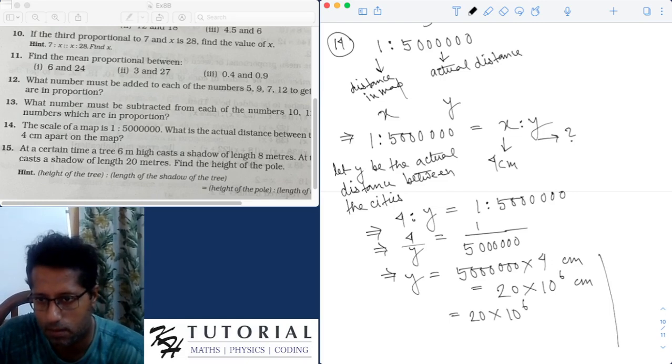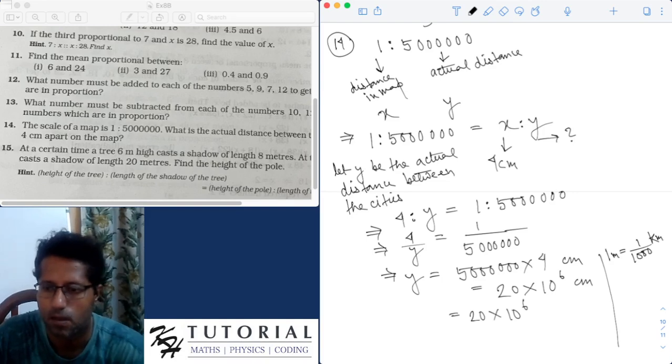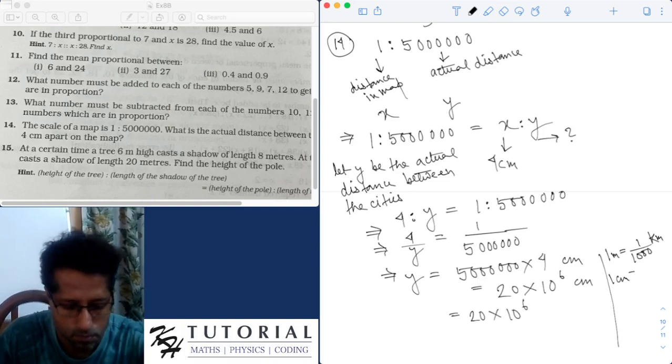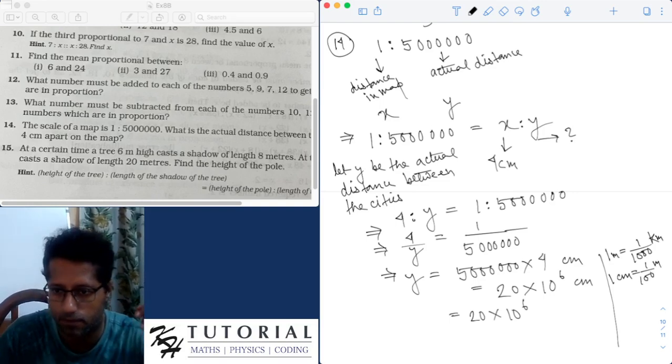So we know that 1 meter equals 1 by 1000 kilometer, and 1 centimeter equals 1 by 100 meter.